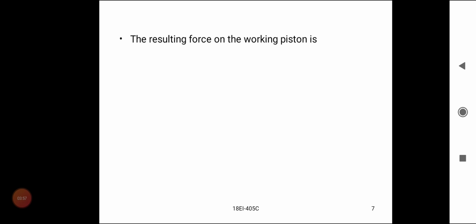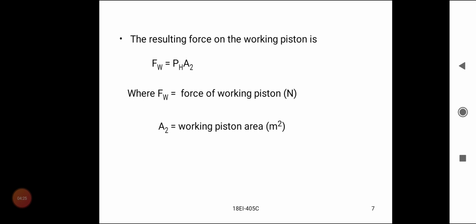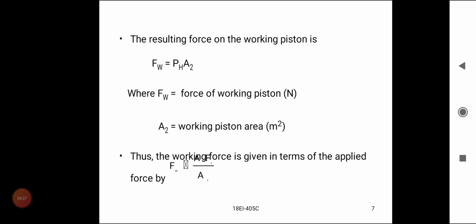The resulting force on the working piston is given as Fw equals the product of hydraulic pressure pH and area A2, where Fw is the force of the working piston in newtons and A2 is the working piston area in square meters.